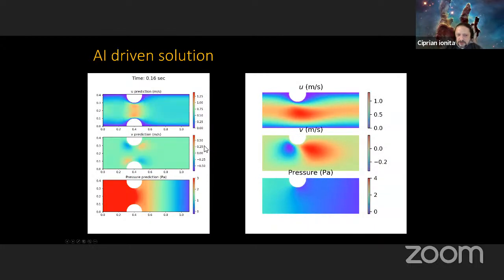And here, what you see is almost like real-time predictions of, in this case, the velocity in this direction, velocity V in the Y direction, and the pressures. These are simulations, by the way. But imagine, until now, to extract these velocities you used computational fluid dynamics, which can take 48 hours to calculate.